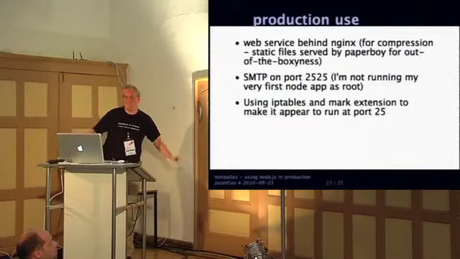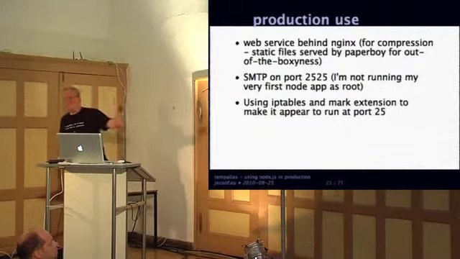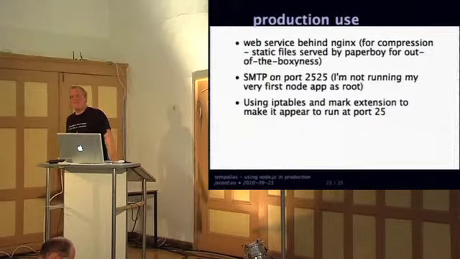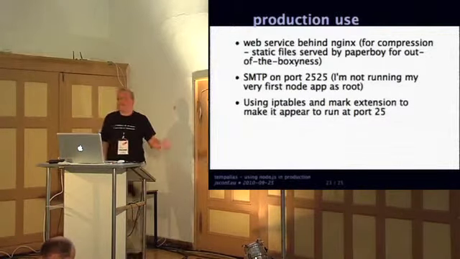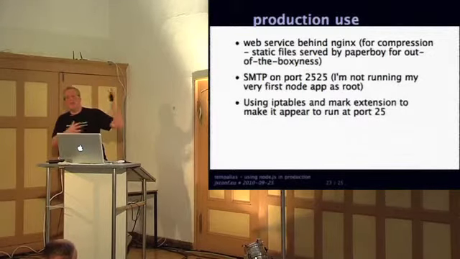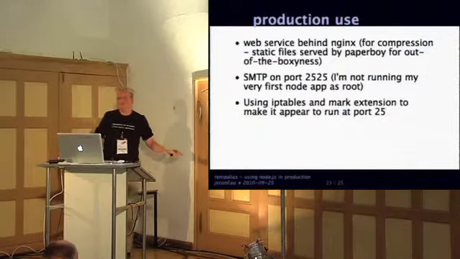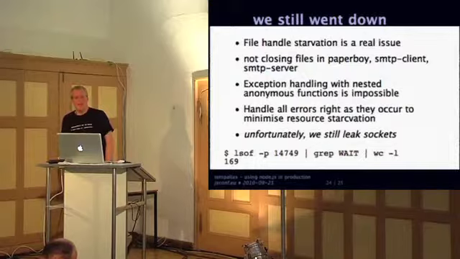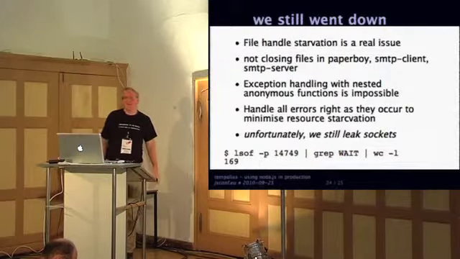That's not going to happen. So that's running as its own user where it has no privileges at all, and I'm using iptables to make it appear that it's running from port 25. Because with email, SMTP and DNS and MX, you have no choice, you have to use port 25 if you want to process email. Of course, we still went down.